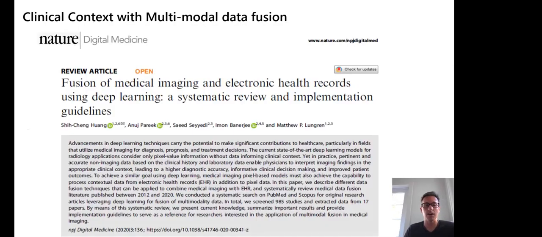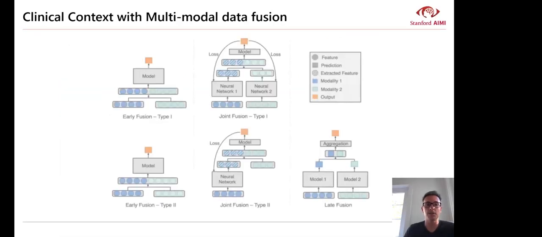We did a literature search and ended up doing a full analysis of the literature that we published in Nature, which described the best practices around fusing multimodal data in order to solve an important clinical use case.